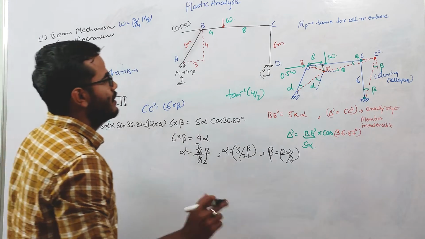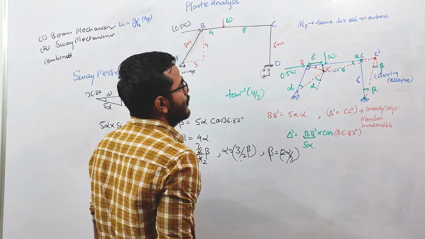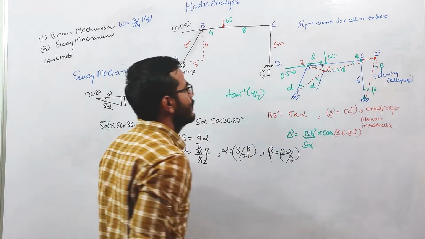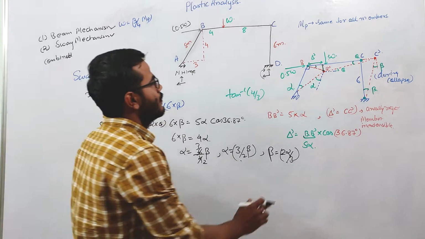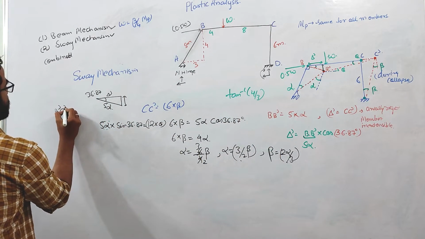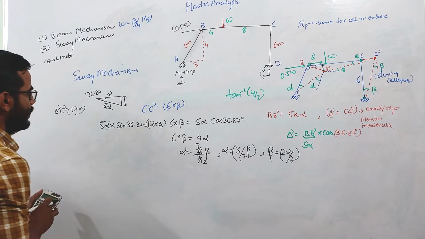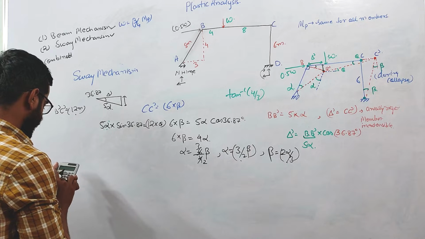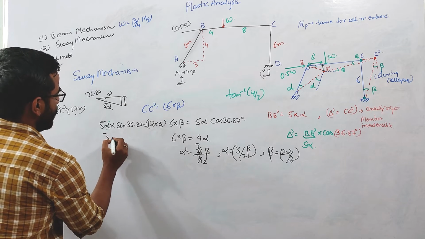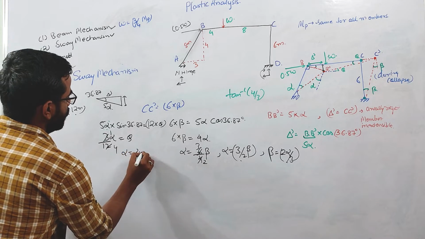This BB dash will be very small, so B dash C dash is very close to BC, which is basically 12 meter only. So I can write 12 theta from here. So 5 into sine 36.87, which is 3, divided by 12, equals theta. So from here alpha is equal to 4 theta.